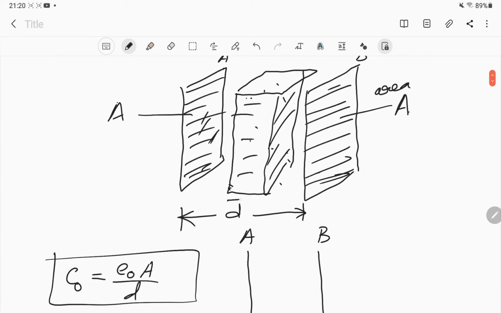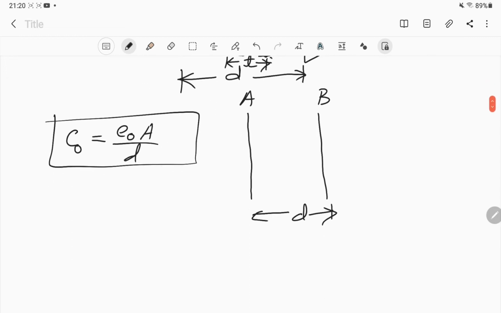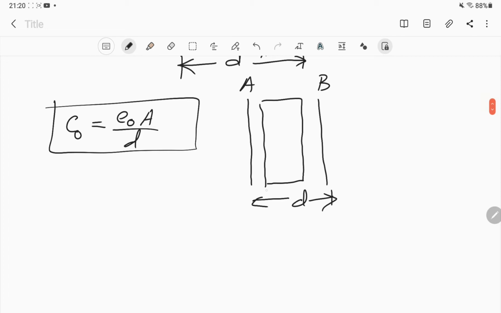The thickness of this conducting slab is T.